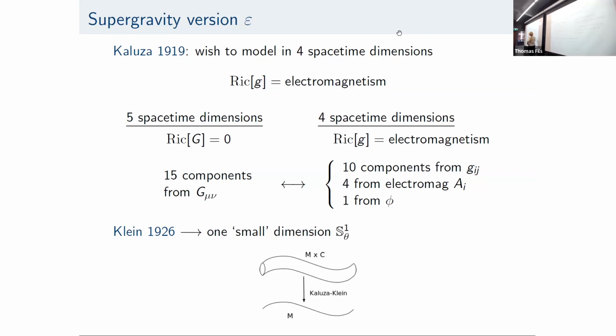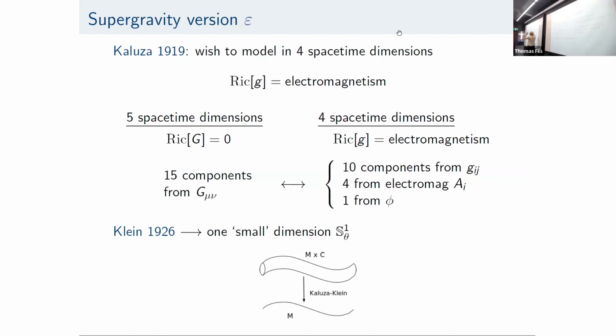And why is that important? Because if I go to 4 spacetime dimensions, there are 10 components of the metric tensor, 10 degrees of freedom that encode gravity, and 4 degrees of freedom from electromagnetism. This is in the Lorentz version, so that's why I have a vector potential A, not E and B. And 10+4, I have 1 left over. And you work out that, just from the way things transform, it has to be a scalar field.